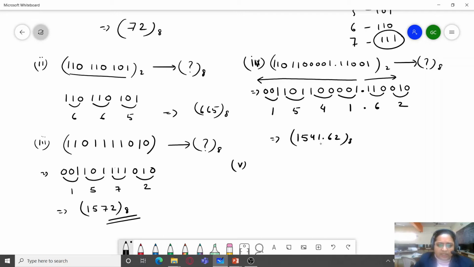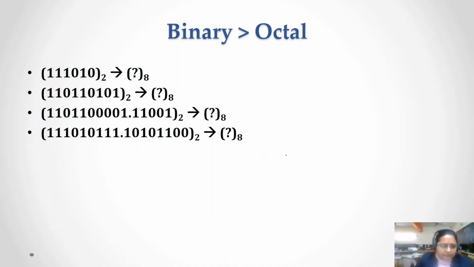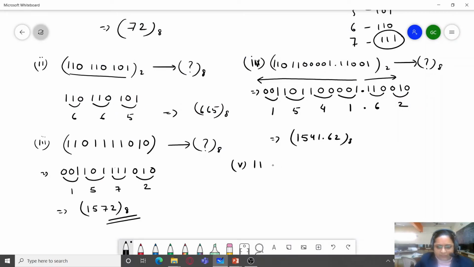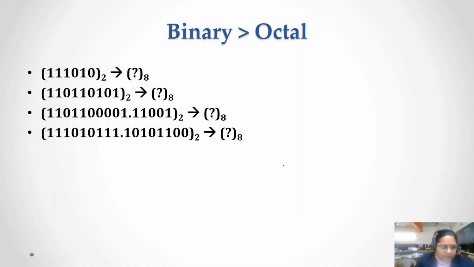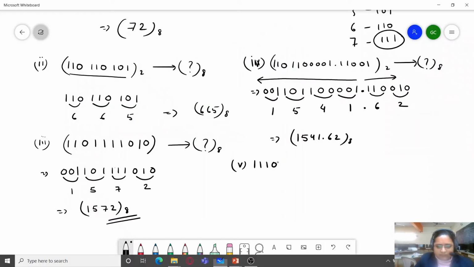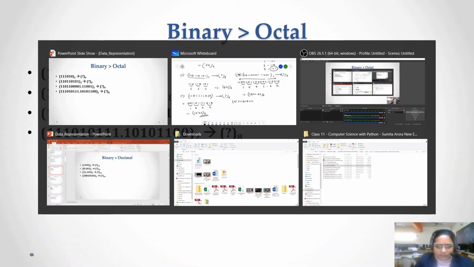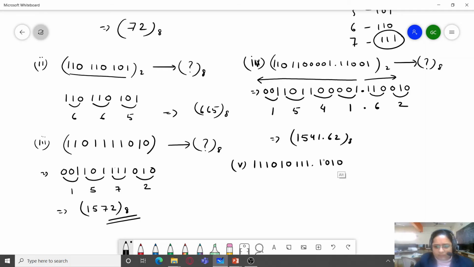Now we have the last example. So here also we first write the entire number.